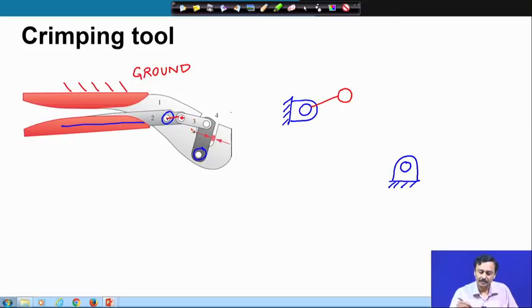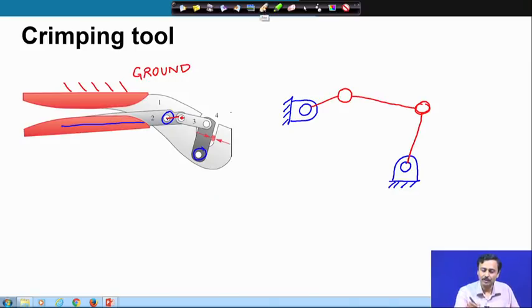To that we have another link, at the end of which there is another kinematic pair which is again joined to the ground hinge. So, this is the kinematic diagram of this crimping tool, which brings out the kinematic chain.